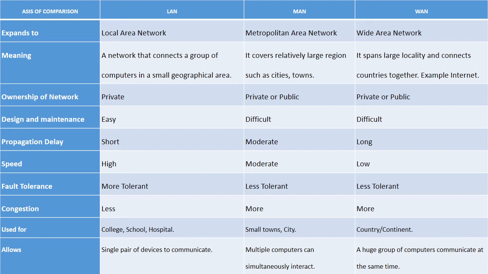Fault tolerance is high in LAN, where we can find the fault, but MAN and WAN are much less tolerant. Congestion is very low in the LAN, but more in the others because they cover more area. LAN is used for college, school, hospital, or a particular campus; MAN for a town or city; and WAN for countries, states, and continents.